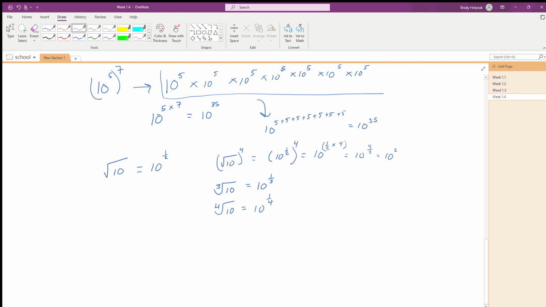We don't have symbols, and cube roots can become just another thing that we deal with. Now it becomes easy to solve the 173rd root of 1,000, for example. That simply becomes 1,000 to the 1/173 power.